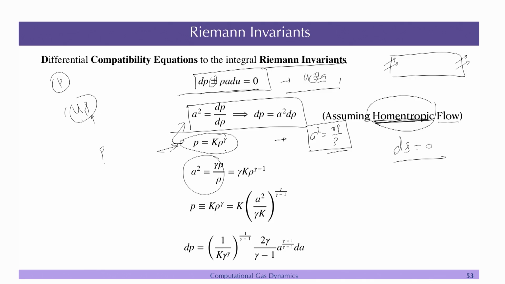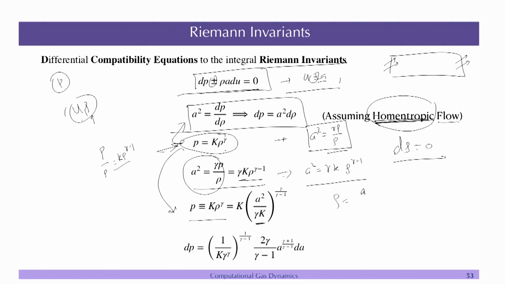So, p by rho becomes k rho to the power gamma minus 1, and a squared becomes gamma k rho to the power gamma minus 1.